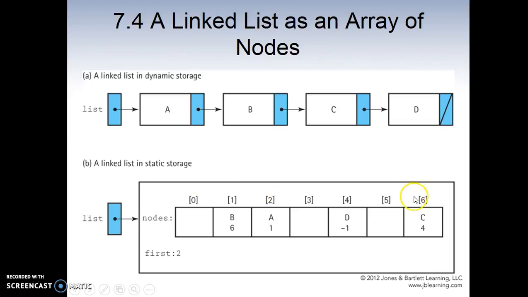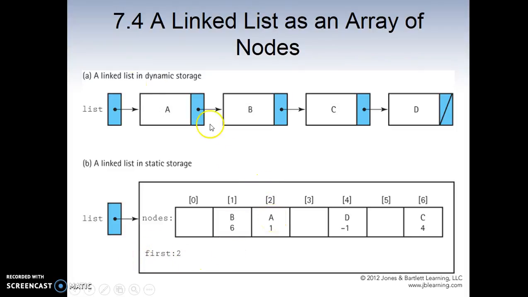So this is an array. The size of the array is 7, 0 to 6 is the index. When you set the head or the first, we can set it at index number 2.